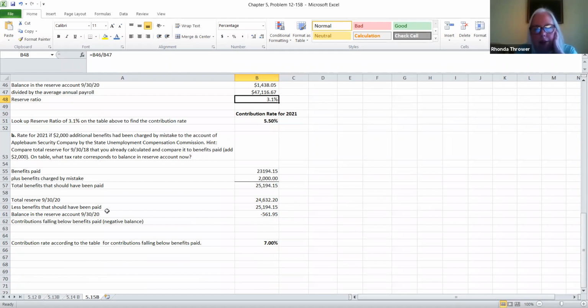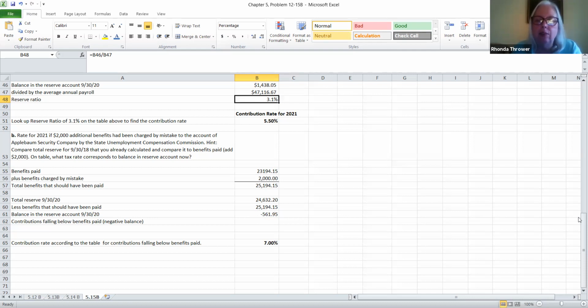You're going to subtract out the benefits that should have been paid, what we figured up here, and that threw them into a negative balance for their contribution. So in other words, they have not contributed enough for this period of time. They're in a negative balance.